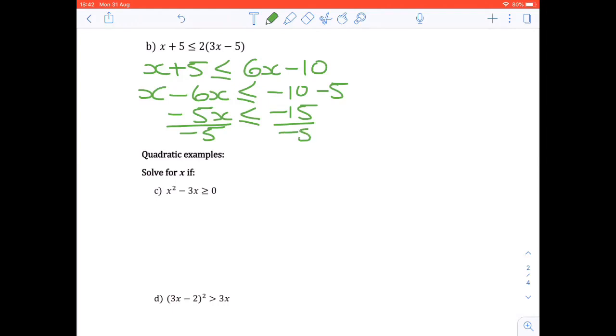Because we're dividing by a negative, the inequality switches orientation, from less than or equal to, to greater than or equal to. And the negative 5's cancel. So that's just x is greater than or equal to 3, since negative 15 divided by negative 5 is 3.